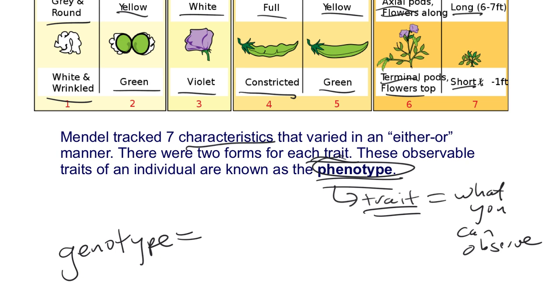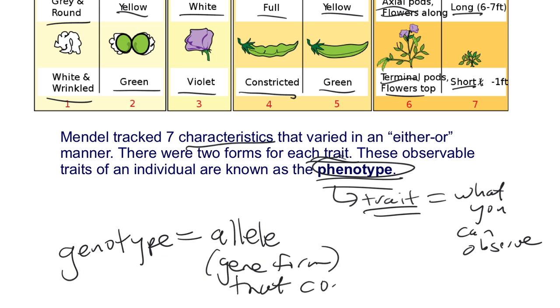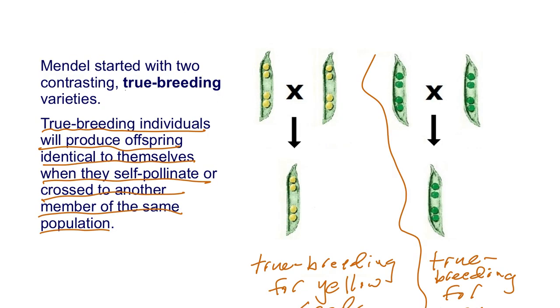The genotype is the allele or the gene form that codes for that trait. The code being the part of the DNA that has instructions for making that protein that is what the trait is based on.